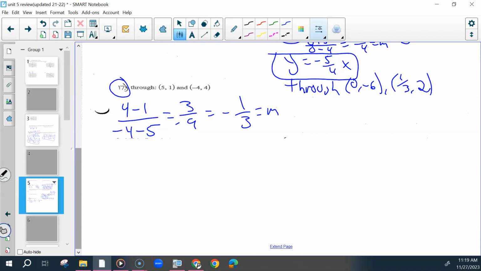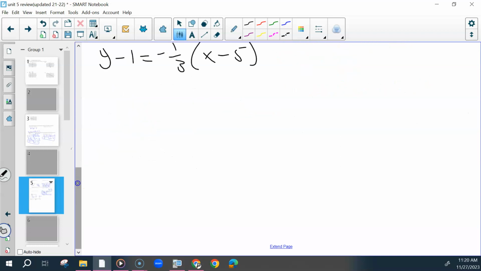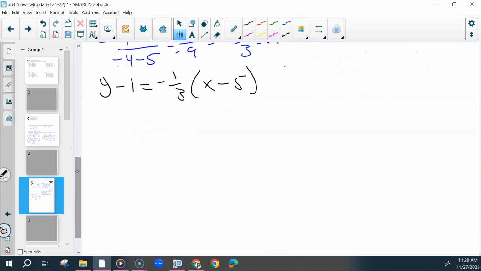Okay, so y minus 1 equals negative 1/3 times x minus 5. So y minus 1 equals negative 1/3 x plus, what will this be when we multiply?